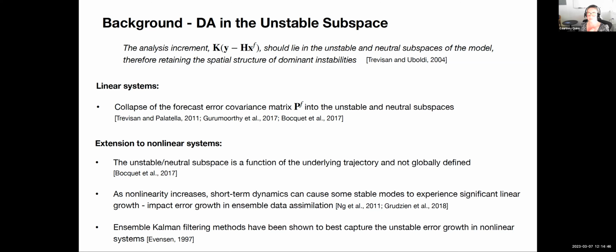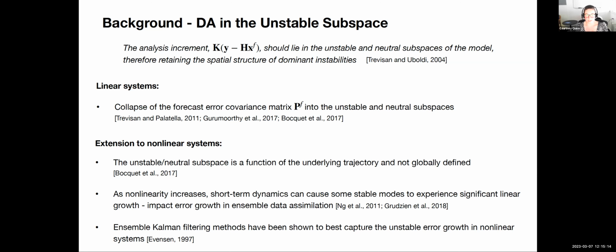So it's not globally defined, that unstable and neutral subspace. And additionally, as nonlinearity increases, the short-term dynamics can cause your stable modes to experience significant linear growth, right? So that impacts our error growth in ensemble data assimilation overall. So even if the stable modes are also growing, that needs to be taken into consideration as well.